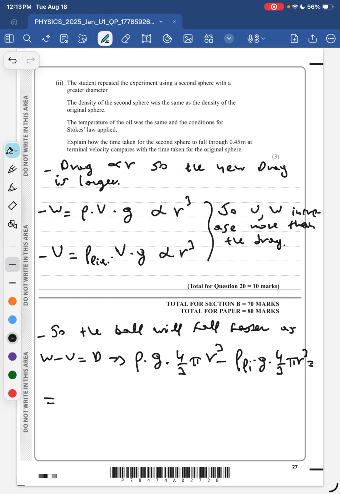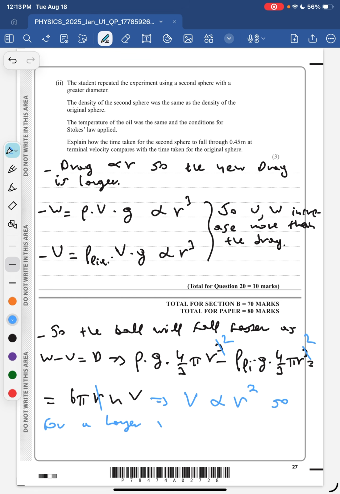This is equal to 6 pi r times the viscosity times velocity. So if we cancel one of the r's, we have r squared, and we see immediately that v is proportional to r squared. So for a larger sphere, v terminal is larger. Okay, so this was Unit 1 from January 2025.